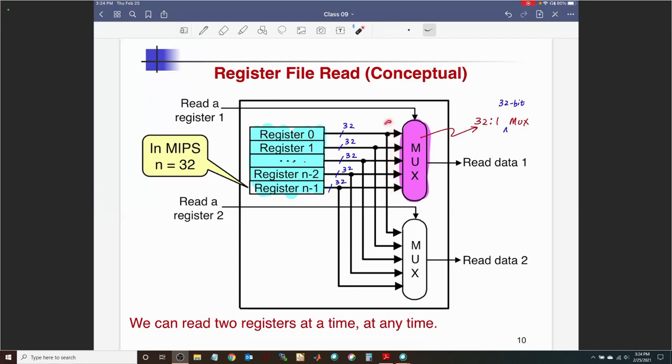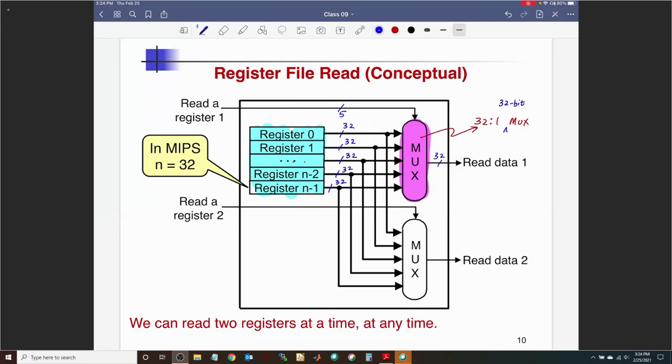You're selecting 1 out of 32 using 5 select lines, right? So this is 5. So 32:1, 32-bit MUX, because each line is 32 bits. So when you read it, you also have 32 bits.